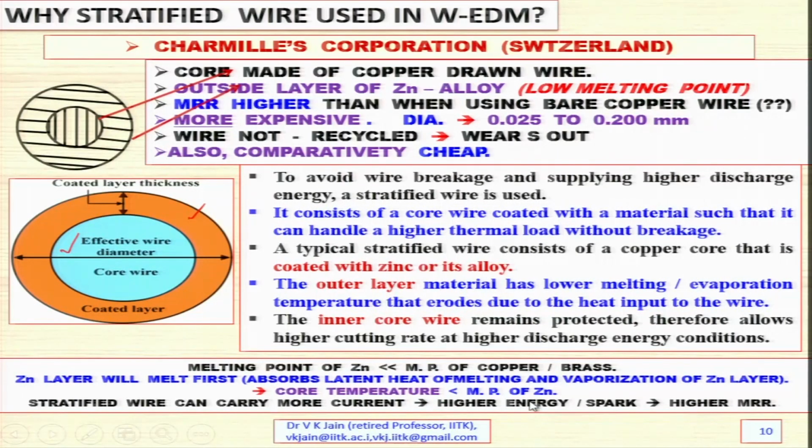A stratified wire can carry more current, which leads to higher energy per spark, and if higher energy per spark is there, then you will get higher material removal rate, because higher energy per spark will create higher depth of the craters being formed. In other terms, you can say higher material removal rate.